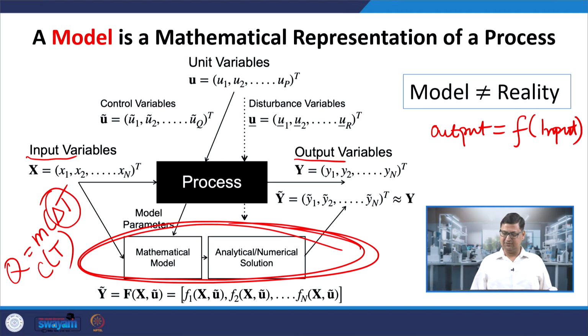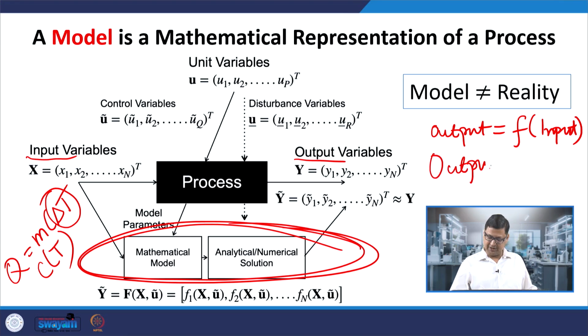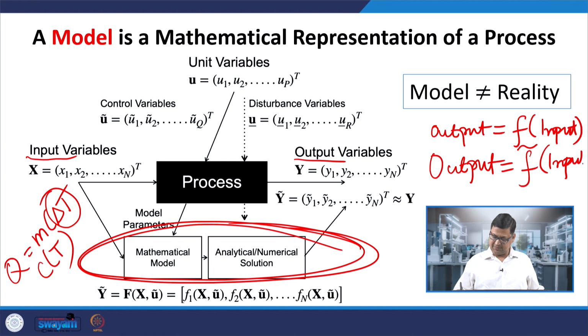Because the heat capacity was assumed to be constant, right? So, in general, a model gives me again a relation between output and input, but that relation is not the same as the actual relation coming from the experiment. We hope that it should be the same, we hope that it should be close, but a mathematical model is not exactly equal to reality, right?